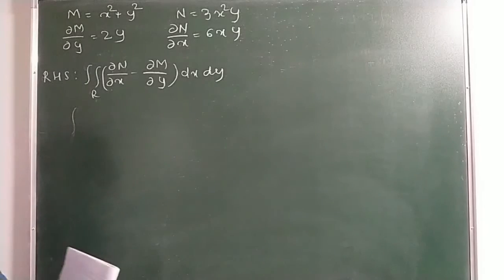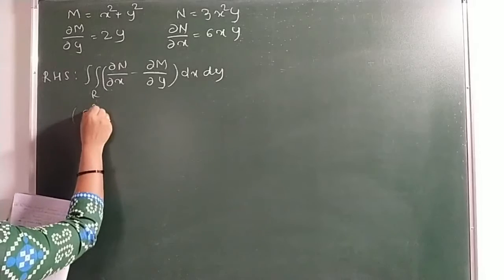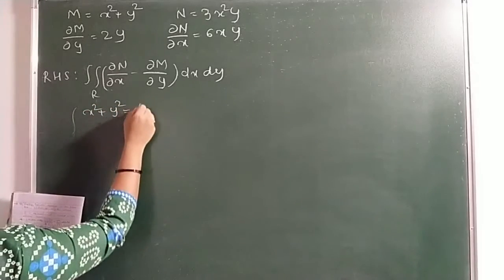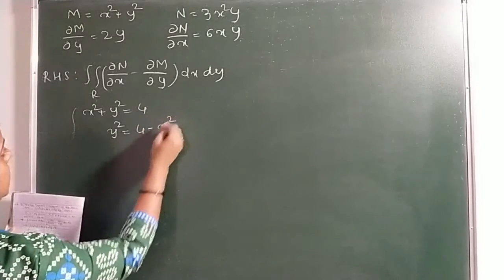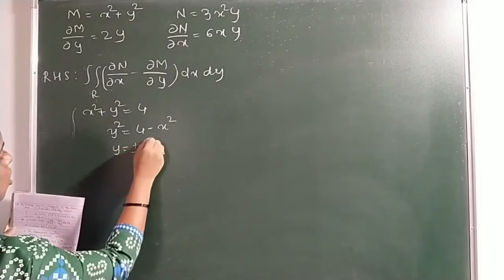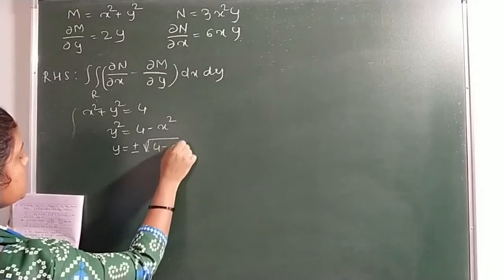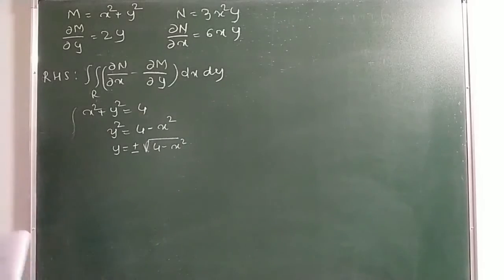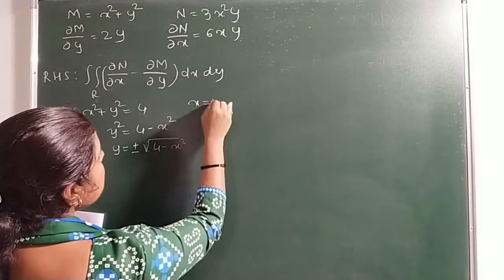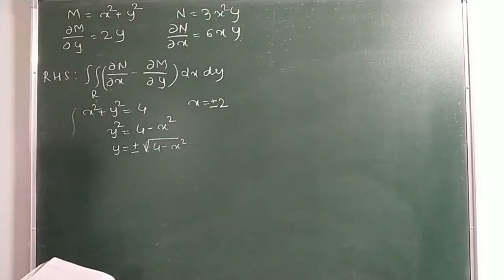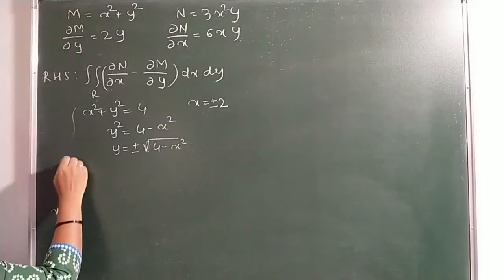Before substituting, you have to rearrange the limits. The limits come from x² + y² = 4, so y² is equal to 4 minus x², and y is equal to plus or minus the square root of 4 minus x². For x, consider the radius 2, so x is from minus 2 to plus 2.